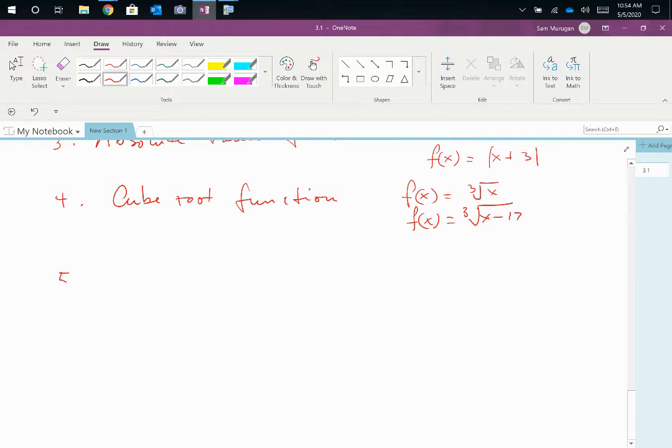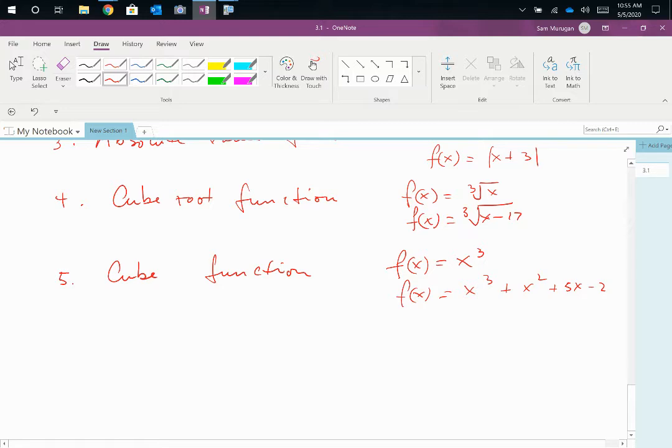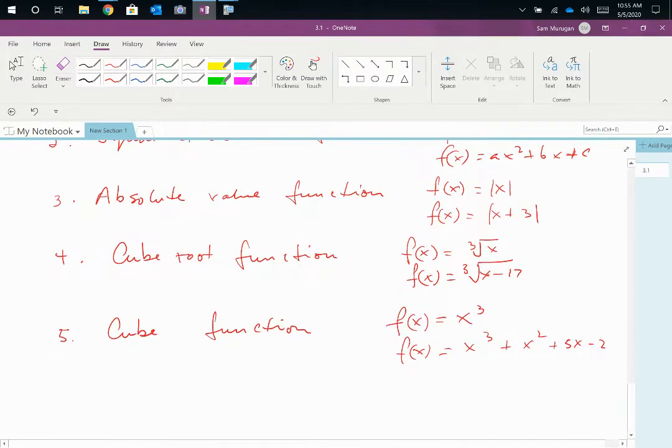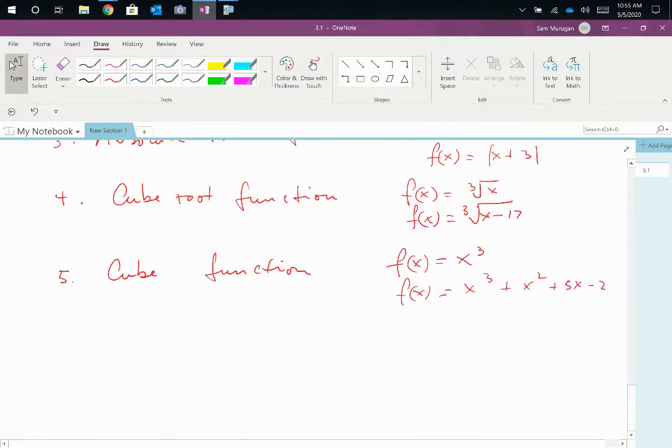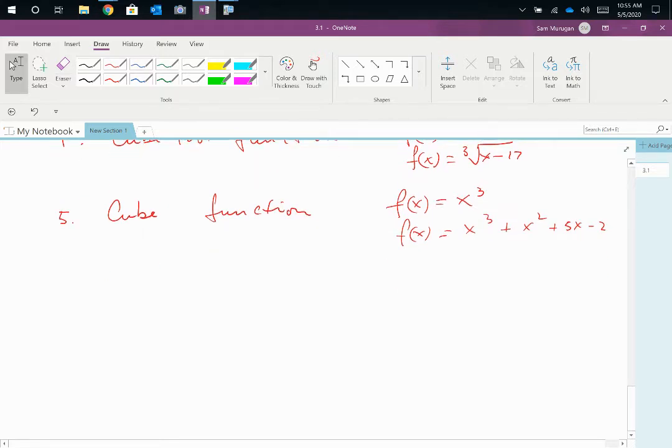And any cube function, which is f of x, the basic form is x cubed, or it could be f of x equal to anything with the highest power that is x cubed. Anything where the highest power is x cubed is considered to be a cube function. So these five families, linear, square, absolute, cube root, and cube function, all have a domain of negative to positive infinity, or all real numbers.